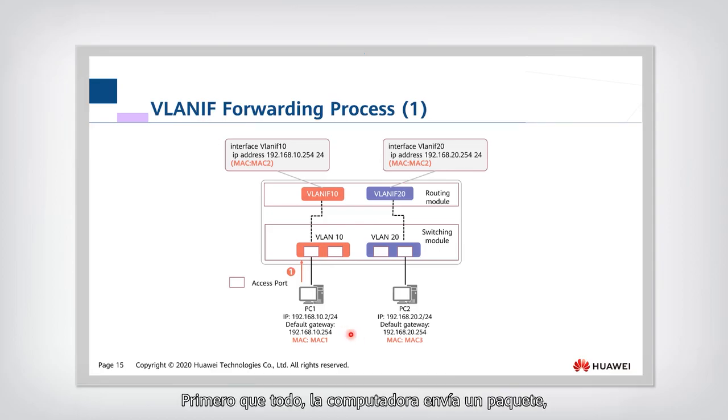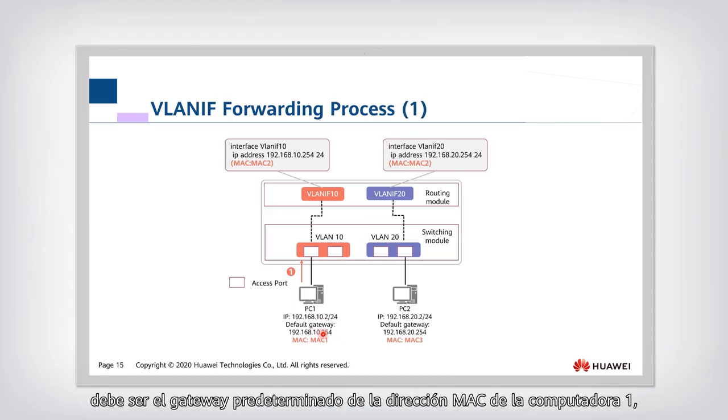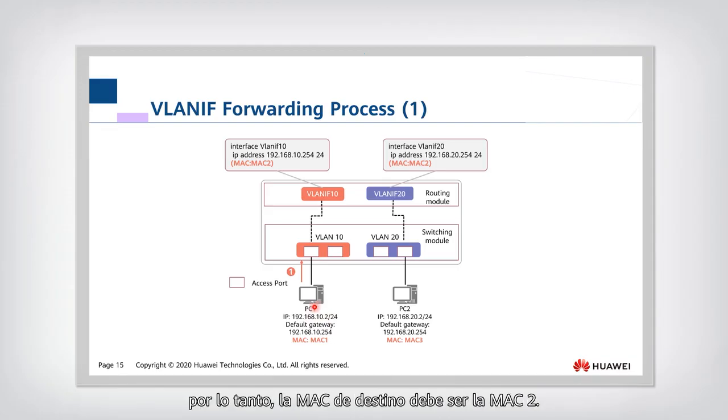So first, the PC sends a packet out. The packet is destined to PC2. And here, the source MAC is MAC 1, and the destination MAC should be the MAC address of PC1's default gateway, so the destination MAC should be MAC 2.